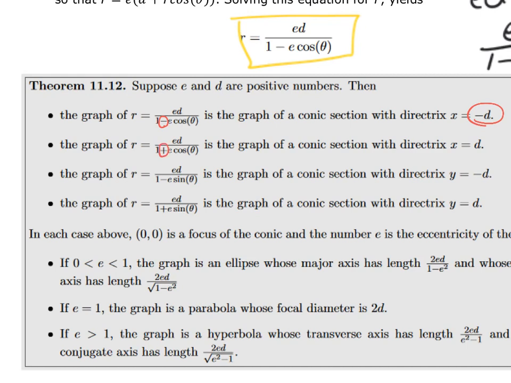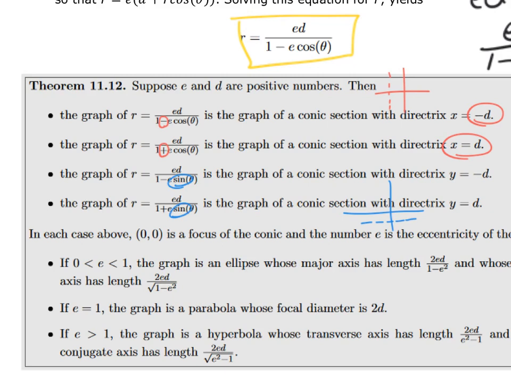If this is a plus, then it's a plus d. And so if you are using cosine, then we know that our directrix is perpendicular to the x-axis. Now if you see sine, then our directrix is going to be perpendicular to the y-axis.